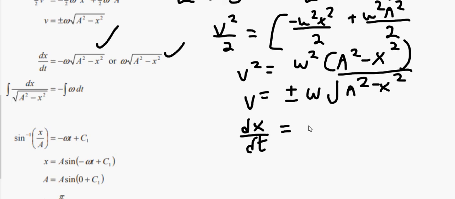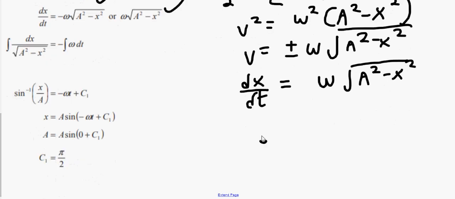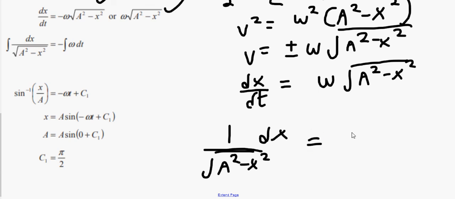Okay, so I'm going to go for omega. It's definitely going to have to be some form of rule because we can't integrate that. So it's going to be the sine inverse rule, isn't it? Omega dt.